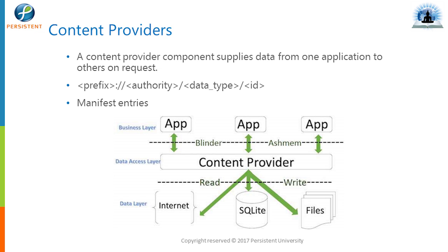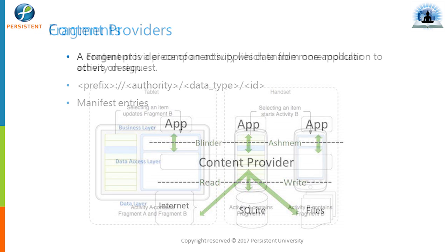Data type indicates the type of the data that this particular provider provides, for example, if you are getting all contacts from the content provider. ID specifies the specific record requested, for example, if you are looking for contact number 5 in the content provider.